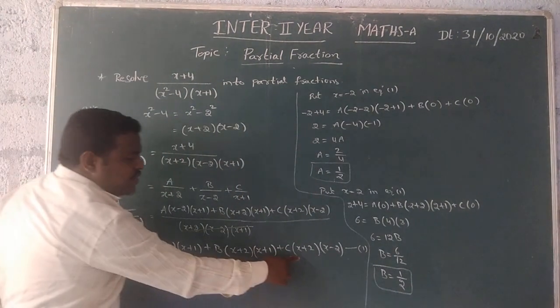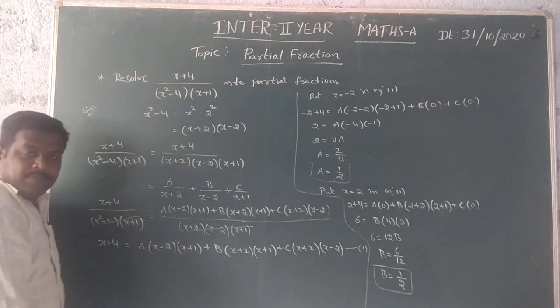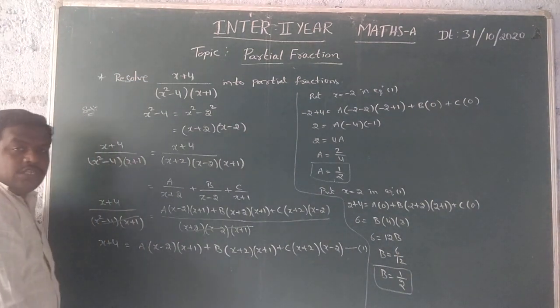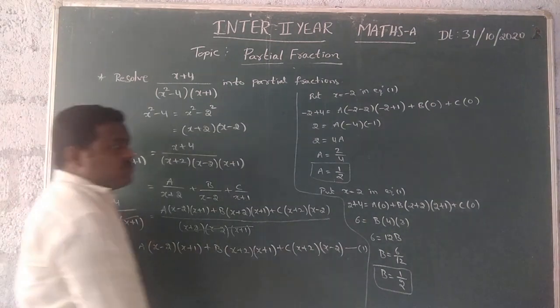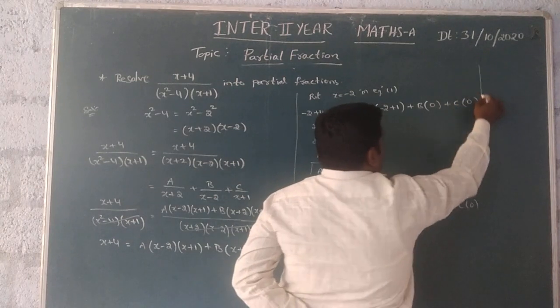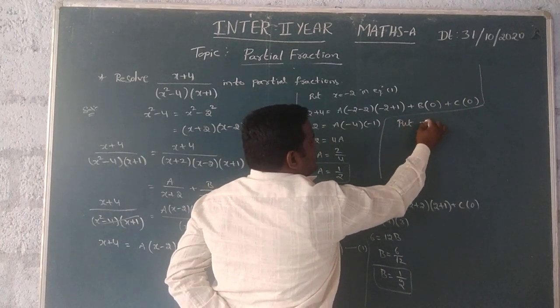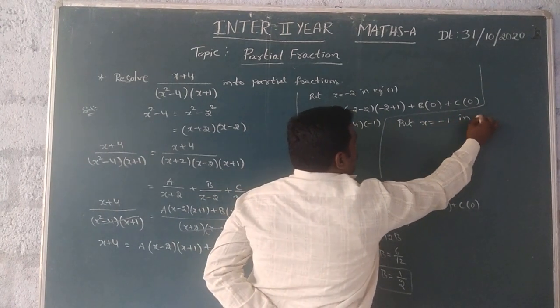Now we get the value of c. What is the common coefficient of a and b? X plus 1. When x plus 1 equals 0, put x equal to minus 1. Third one: put x equal to minus 1 in equation 1.